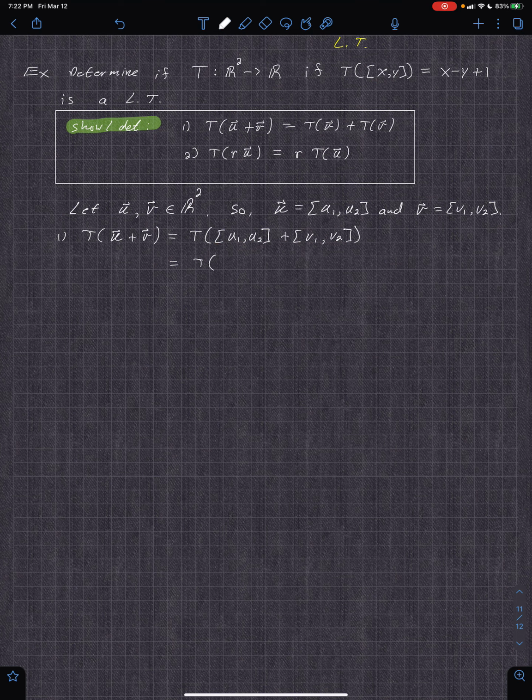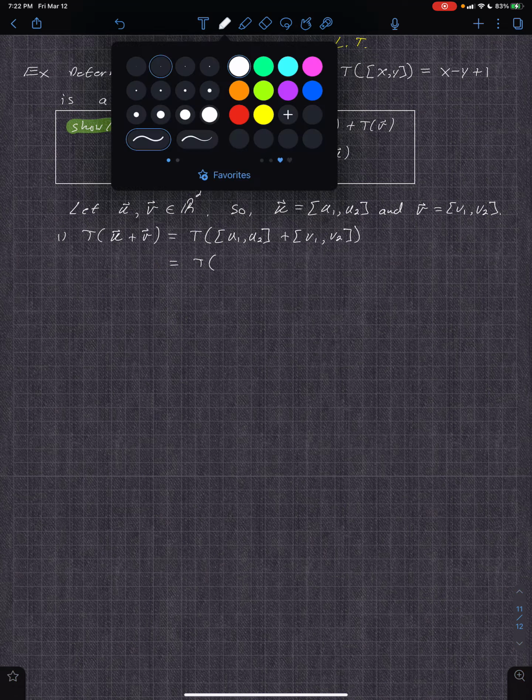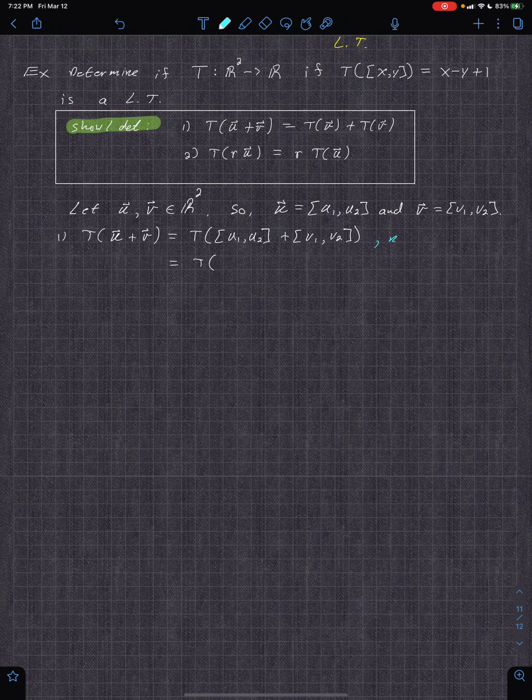I'll put that down: we need one vector inside. Just to give you an idea. And so here's your vector, (u1 plus v1, u2 plus v2), is what you end up getting.